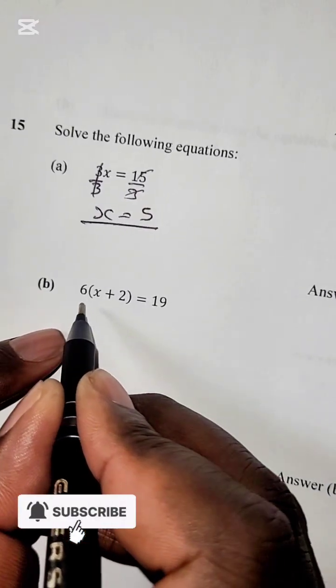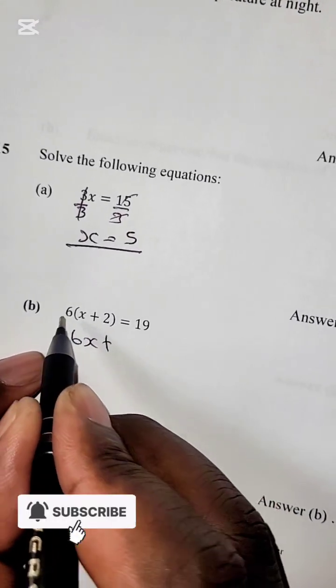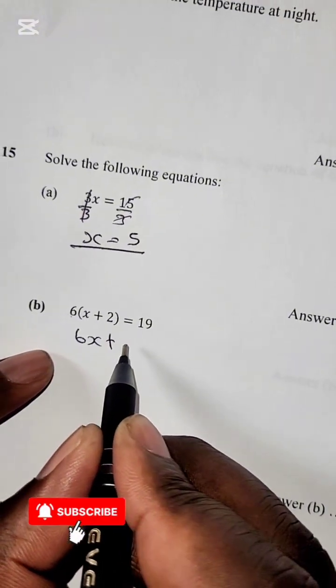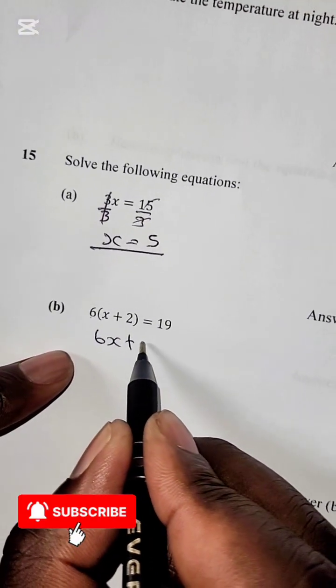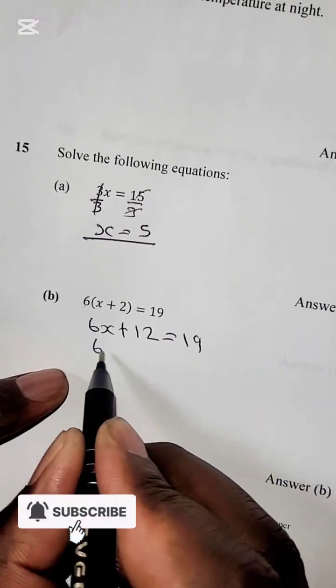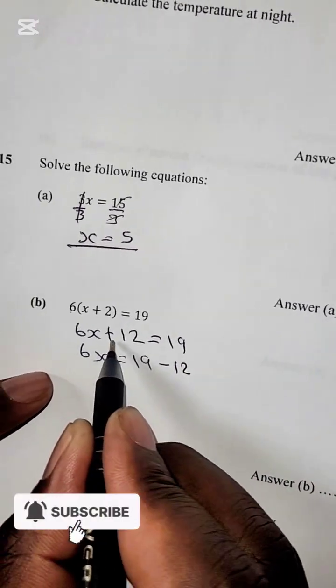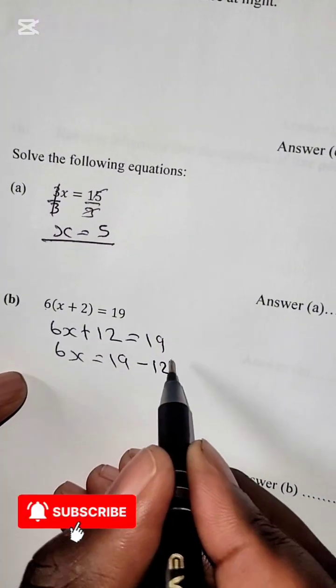Now solve this equation. Remember, we remove brackets by multiplication. 6 times x gives 6x, plus 6 times 2 gives 12, is equal to 19. We say 6x = 19 minus 12, because positive 12 moving to this side becomes negative 12.